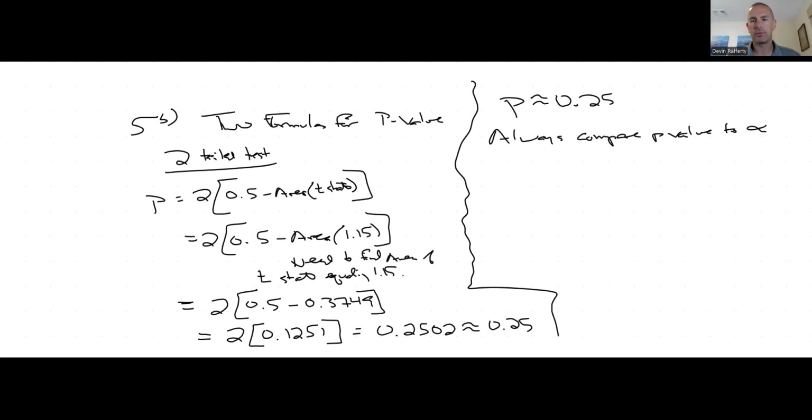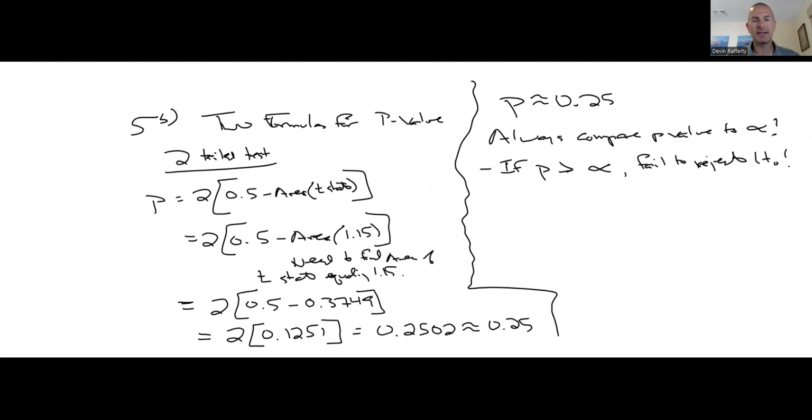If p is greater than alpha, you fail to reject the null hypothesis, and you can be very, very confident in your results.